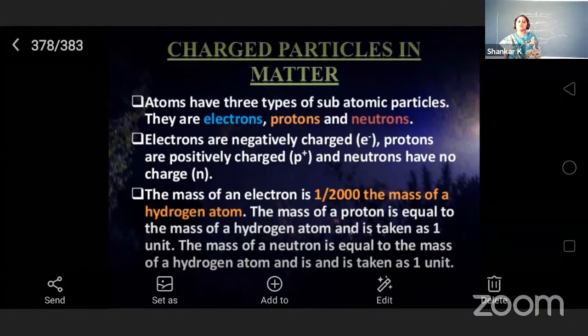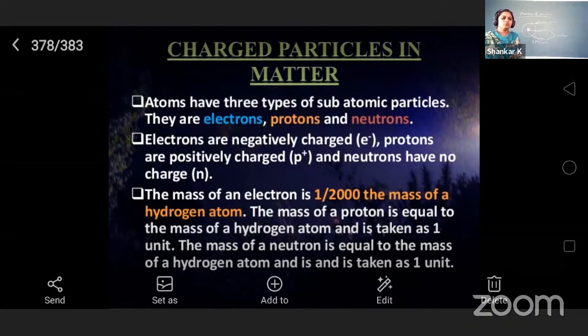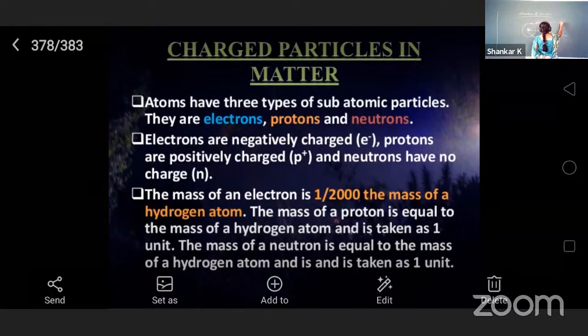So what is the mass of an electron? The mass means weightage. The weightage of an electron is 1 divided by 2000 the mass of a hydrogen atom.